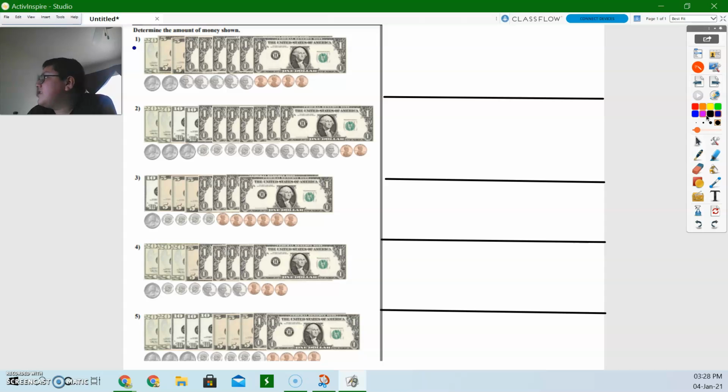Okay. So we're going to first do the dollars, and then we're going to do the nickels, dimes, quarters, and pennies. So first we have $1.20, two fives, and 1, 2, 3, 4, 5, 6 number ones.